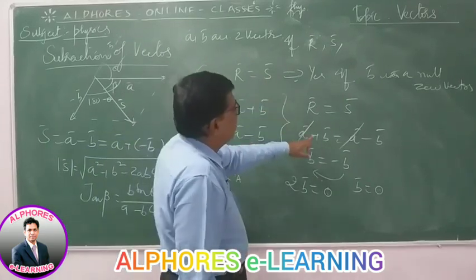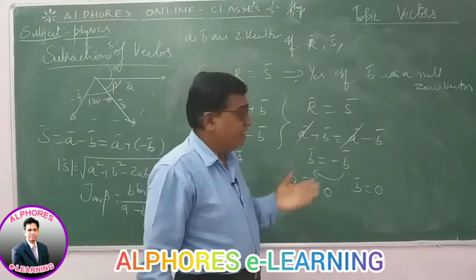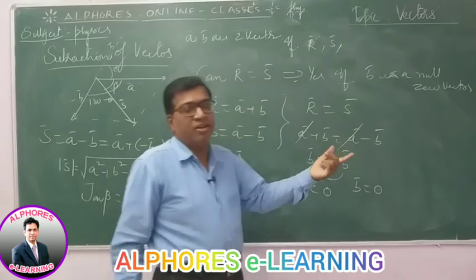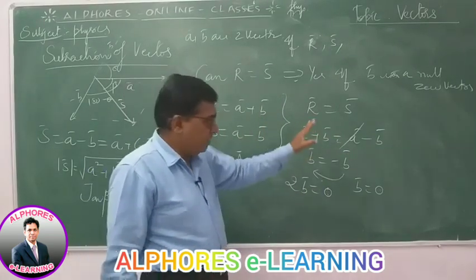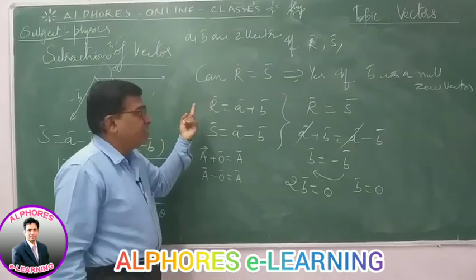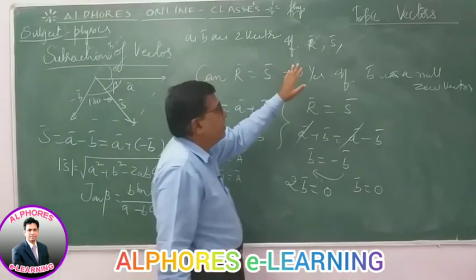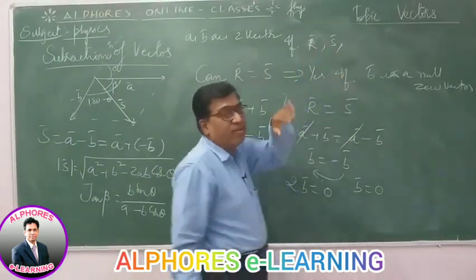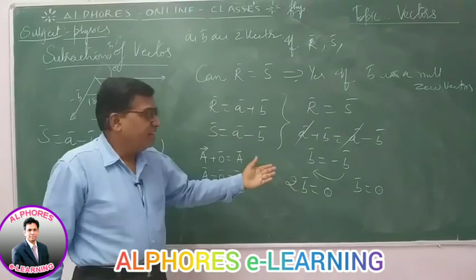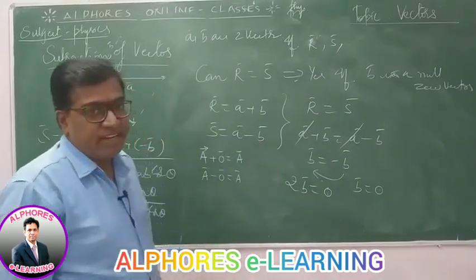So right here, B bar is added to A and B bar is subtracted from A. Then for both to remain the same, it is possible only for B bar to be a null vector. This is another important question that can be asked trickily to check whether R bar and S bar can be equal. The answer is yes, they are equal if B bar is a null vector.